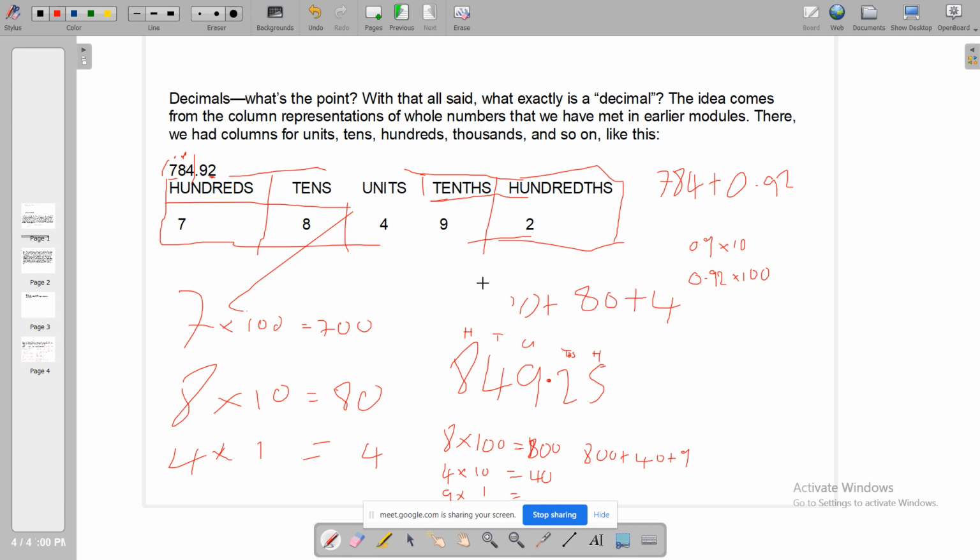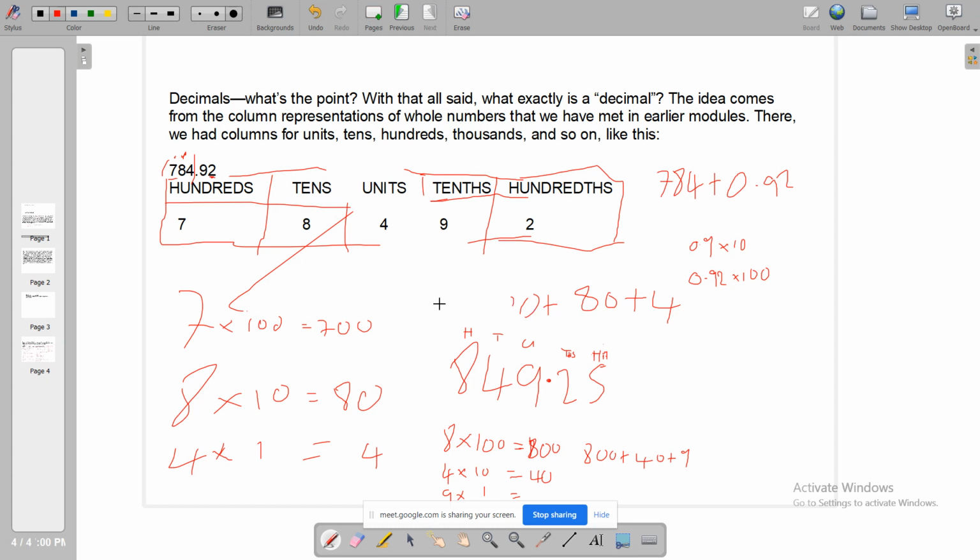And the difference is the 10 and the 100.